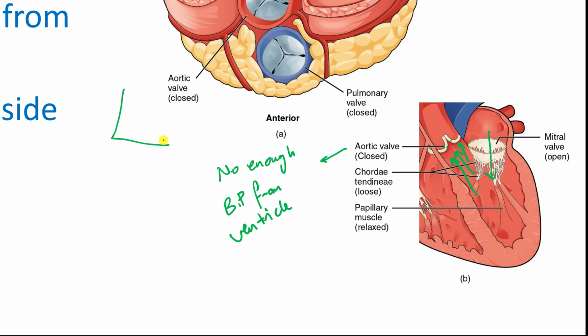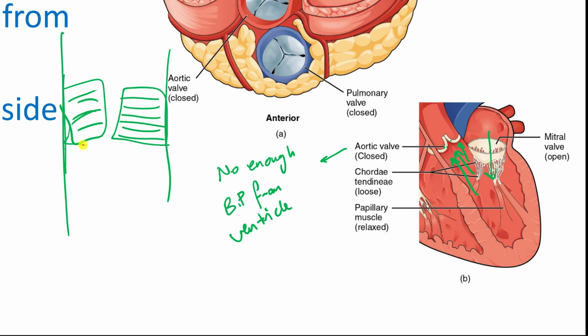Think of it like the old Western movies when the guy would come through those two doors, the flaps. This is exactly the semilunar valves. If I have enough blood pressure, they will open, but now they are closed because there is not enough blood pressure.